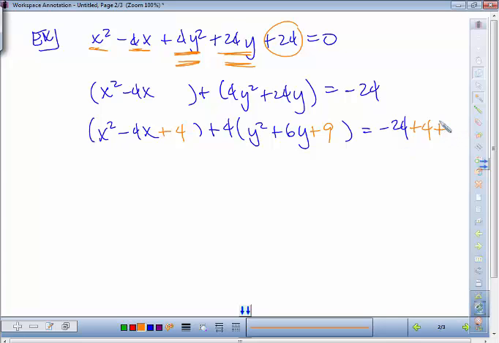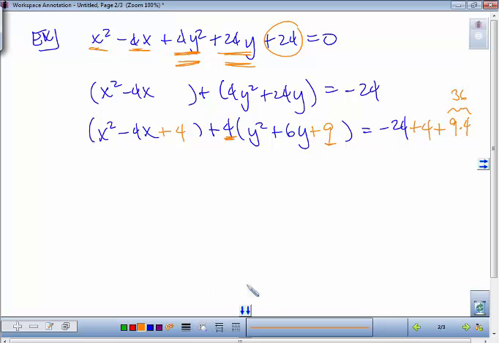Now, unfortunately, you're not just adding 9 here, because you added 9 and you passed it through this parentheses, which had a 4 in it. So what are you actually adding? You're adding 9 times 4, which is 36. So you're really adding 9 times 4 to both sides of the equation.